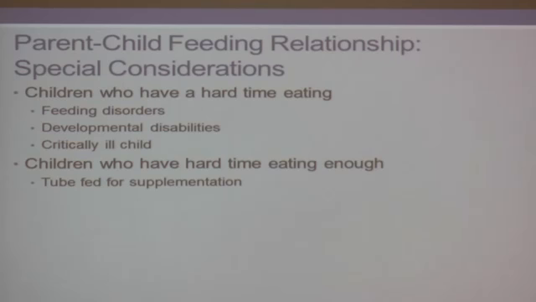And then certainly there are children who have a hard time eating enough and may receive additional support. So I'm giving you the model as a guideline, knowing that we might have children that we're working with who have some of these special considerations.